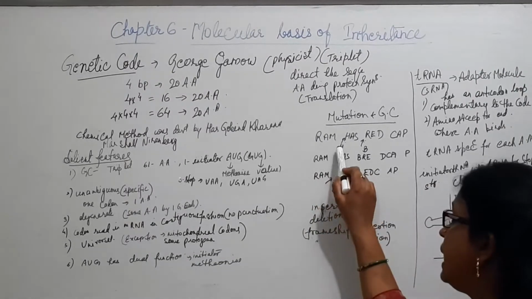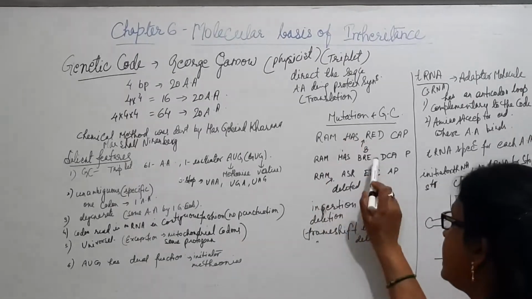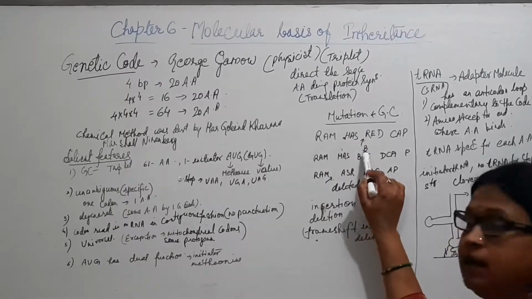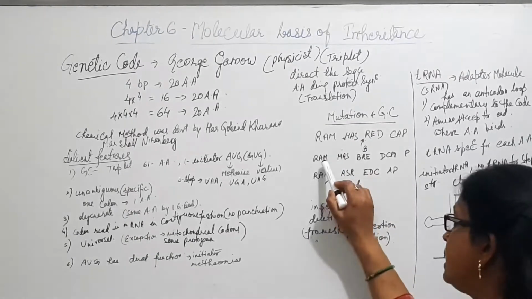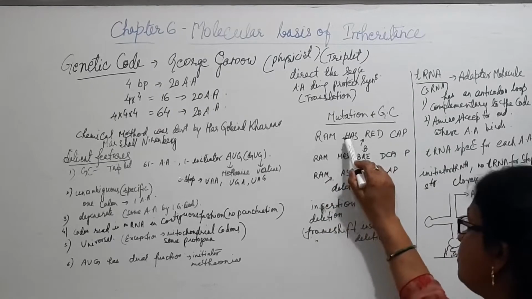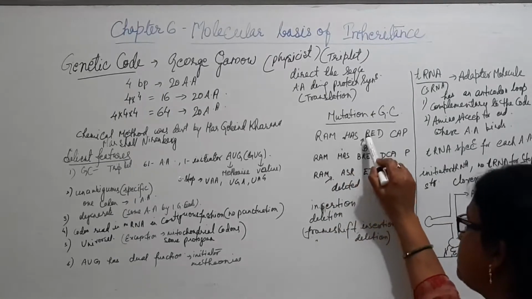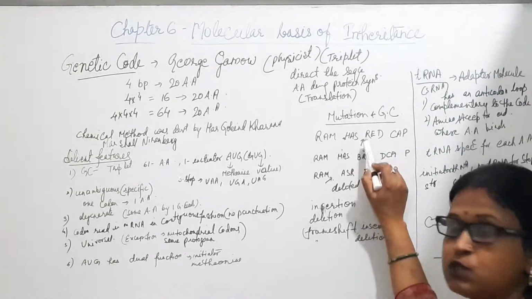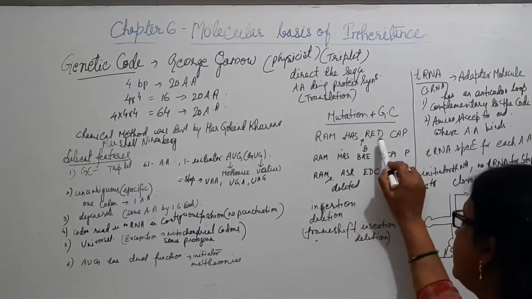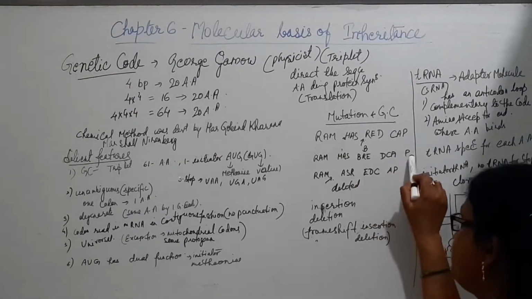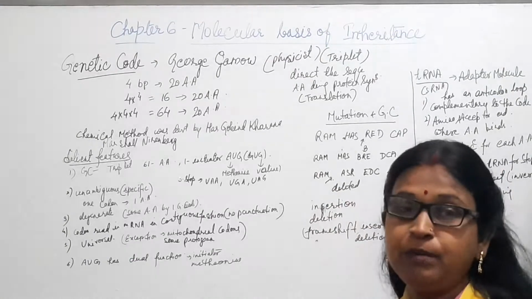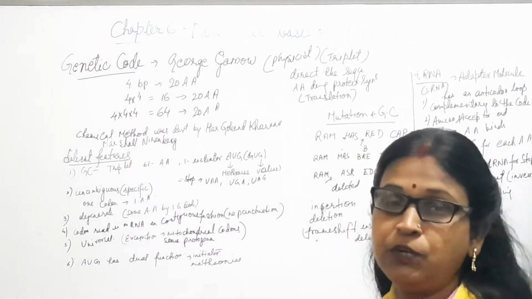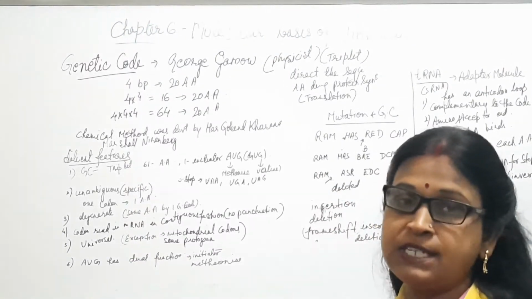If suppose we insert a single base here, now it will read as RAM HAS, then because B is inserted here, BRE, then DCA, then P. So you can see what will be the effect of this on the phenotype and genotype. It is totally changing the meaning.